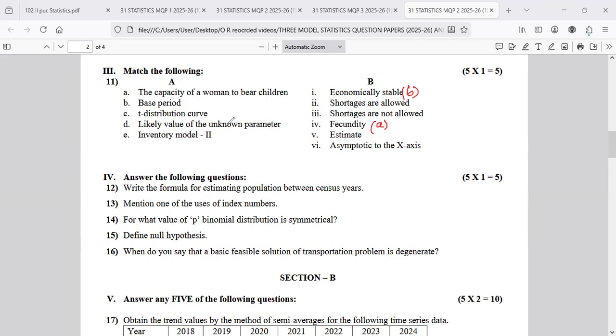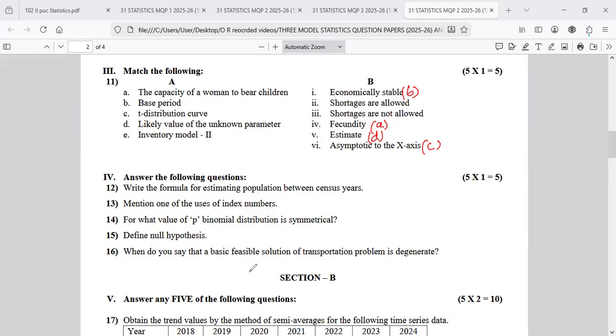T distribution curve: asymptotic to the x-axis, option C. Likely value of unknown parameter is the estimate. Yeah, correct.